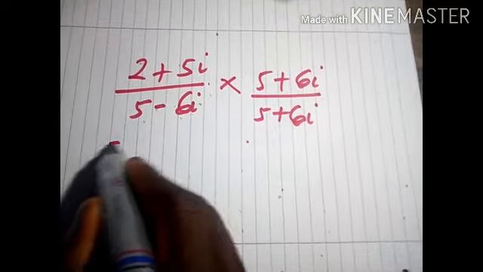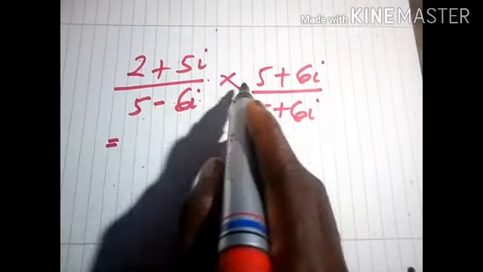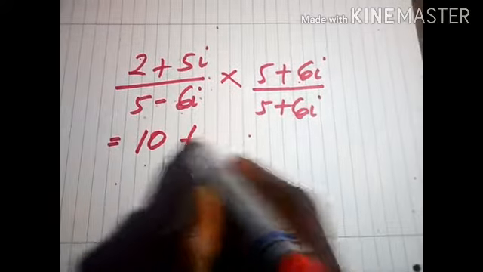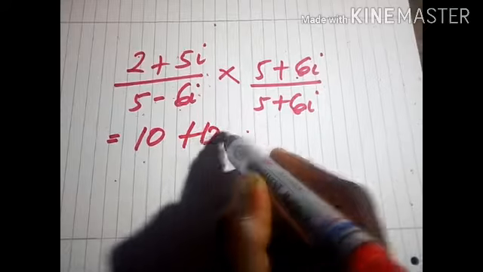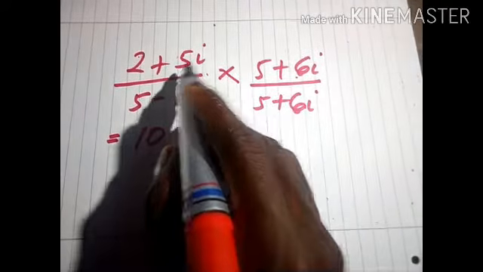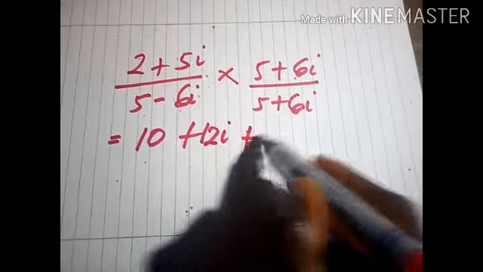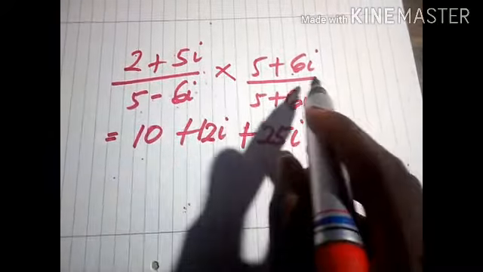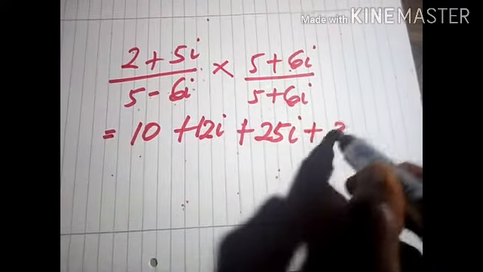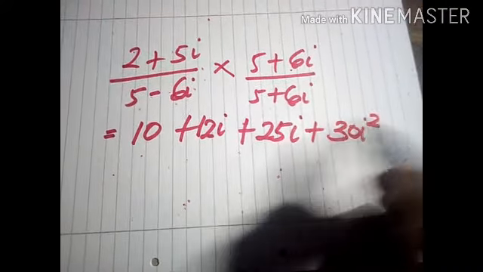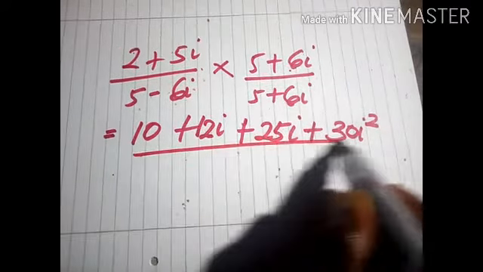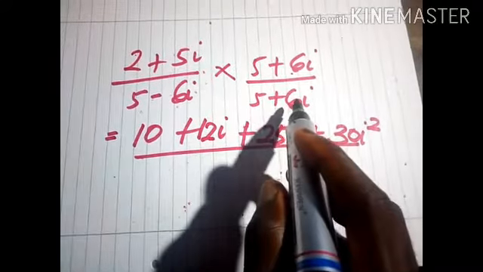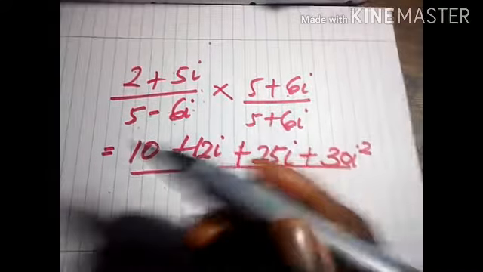So that's going to be 2 times 5 will give you 10. 2 times 6i will give you plus 12i. 5i times 5 will give you 25i. 5i times 6i will give you plus 30i squared, all divided by, as usual, 5 minus 6i and 5 plus 6i is the difference of two squares.